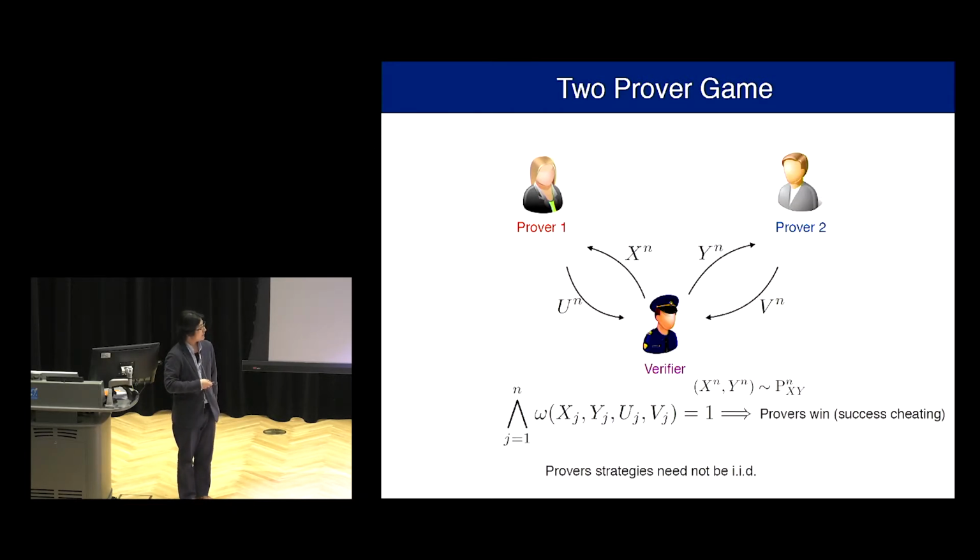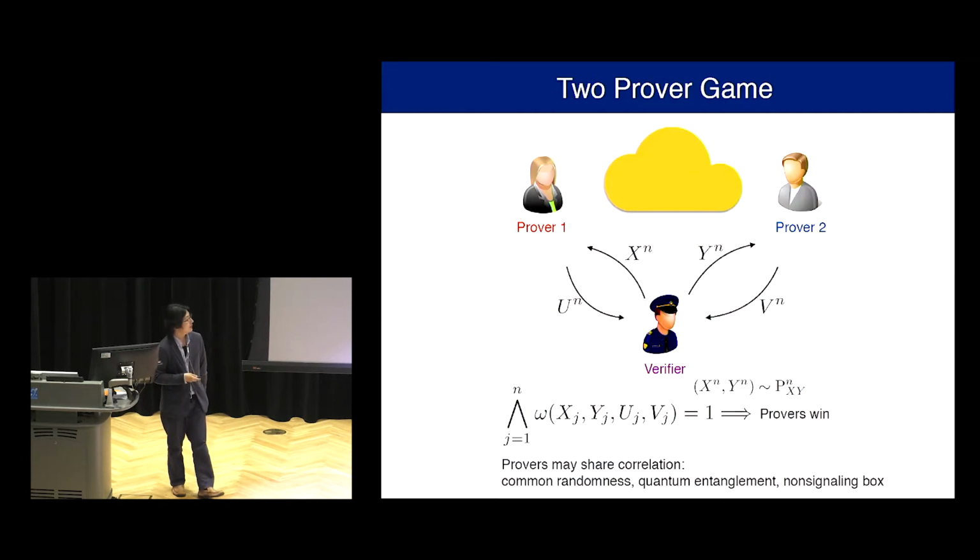And if every coordinate satisfies the condition, then the provers win the game. Furthermore, the provers may access some correlation to coordinate their strategy. For instance, they can access common randomness or quantum entanglement or a non-signaling box. And depending on what kind of correlation, we can consider various kinds of strategies.